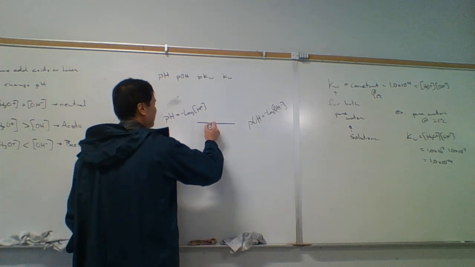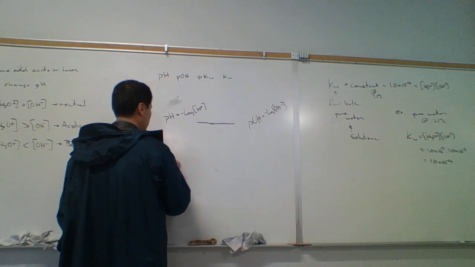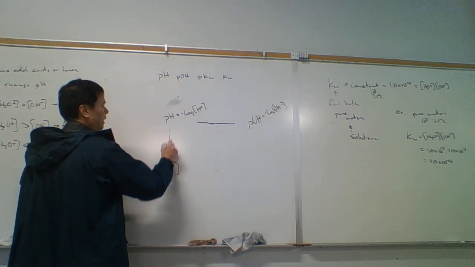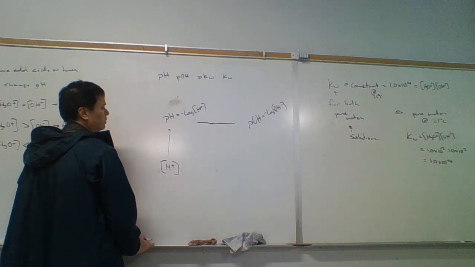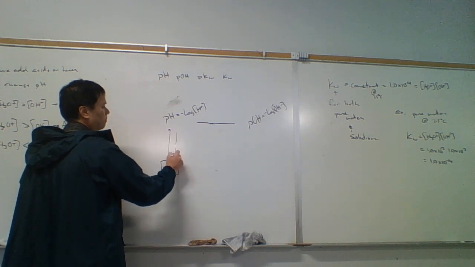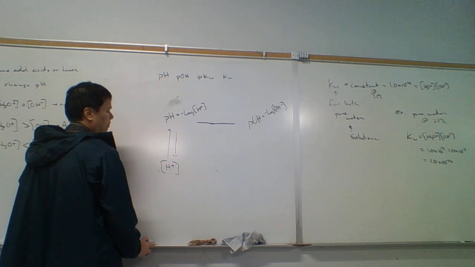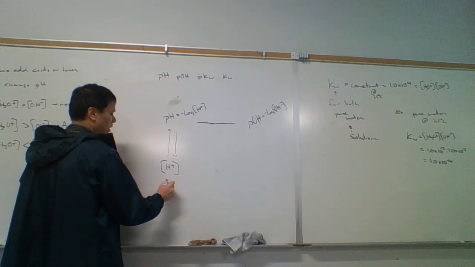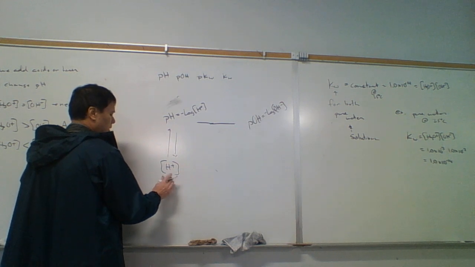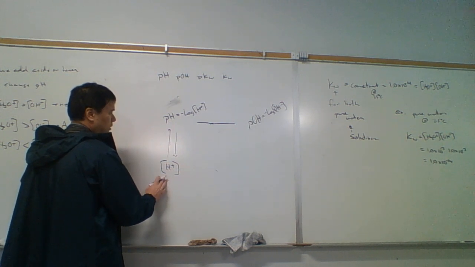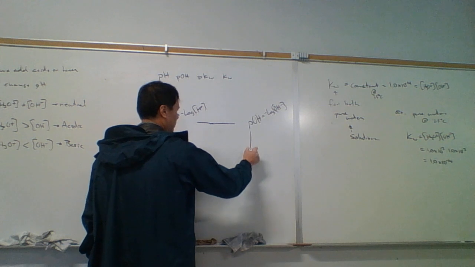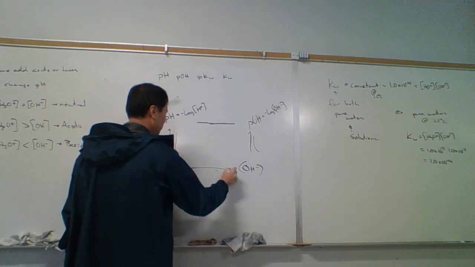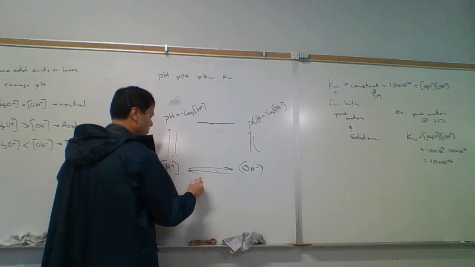The way we're going to relate these is different ways. Actually, I'm not going to do too many equations here. We're going to be able to tie all these together. So in order to tie these, we use Kw.